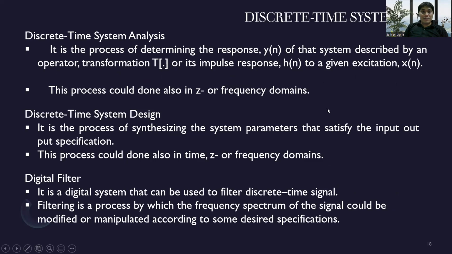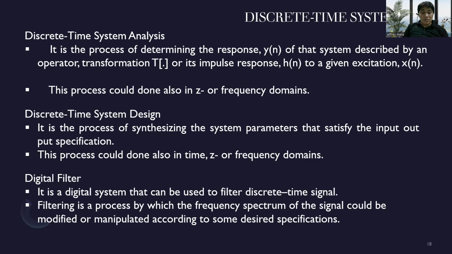Discrete time system analysis is the process of determining the response y(n) of the system, described by an operator for the transformation T or for the mapping or its impulse response h(n), to a given excitation x(n).